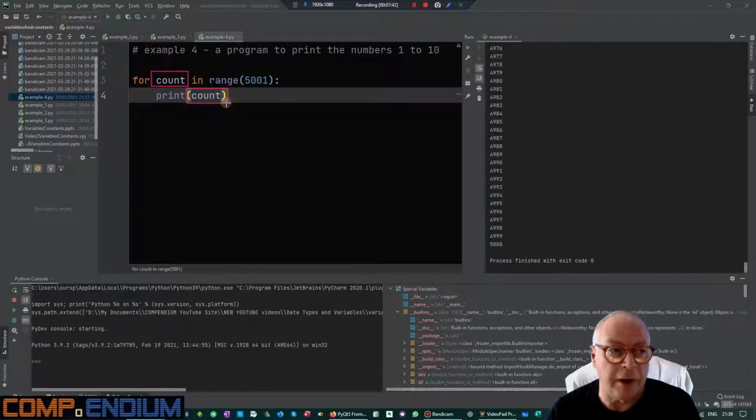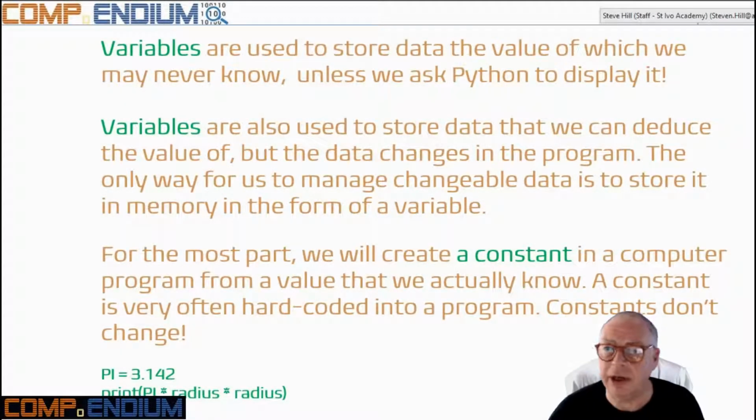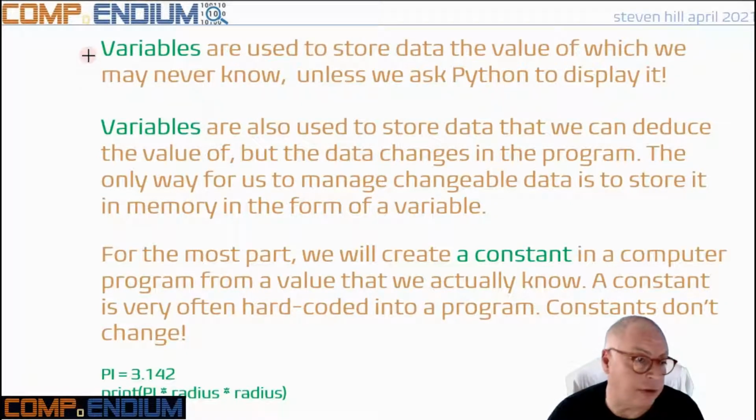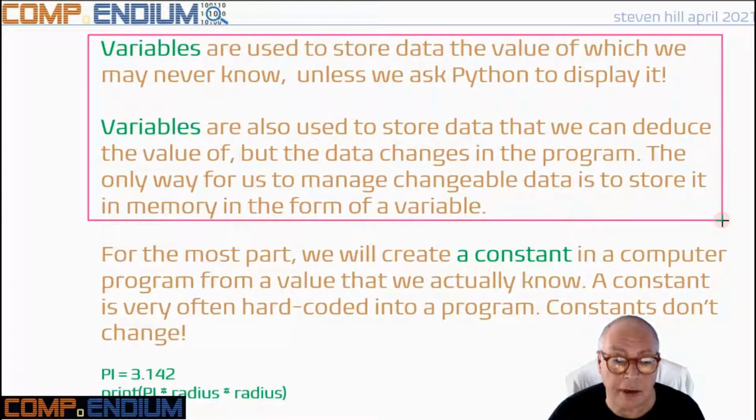Okay, so before we cover off constants, let's pop back to the slides and summarize what we've covered, because we've covered quite a lot of ground in the basic theory and understanding of variables. So we're back with the slides and we have covered off variables, and we've looked at variables for managing the value of data that we have no clue about.